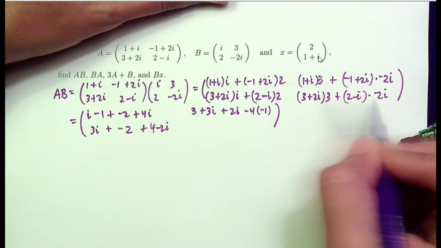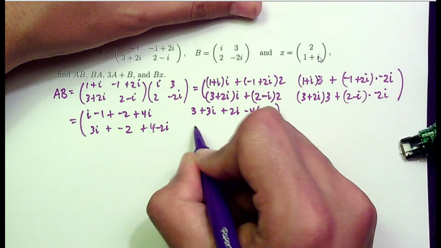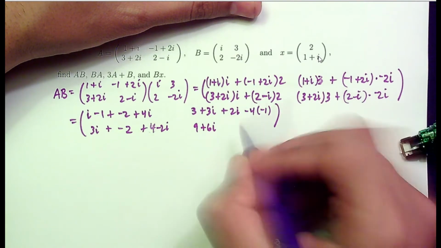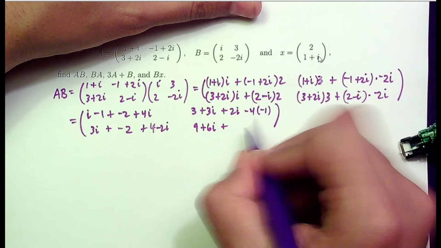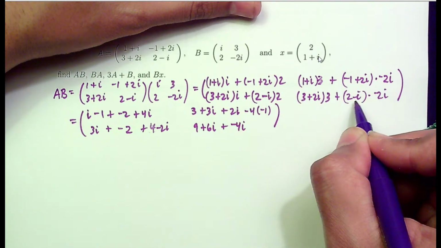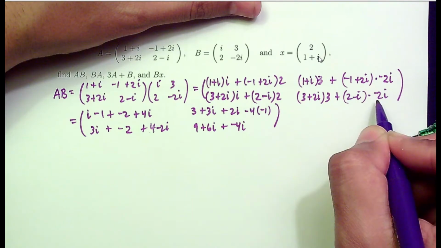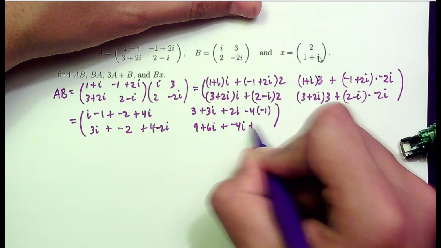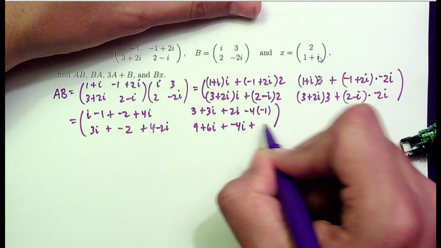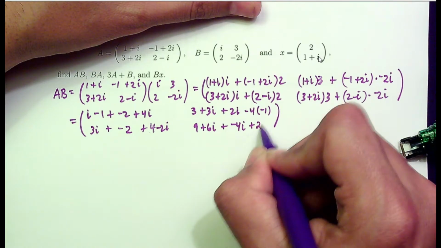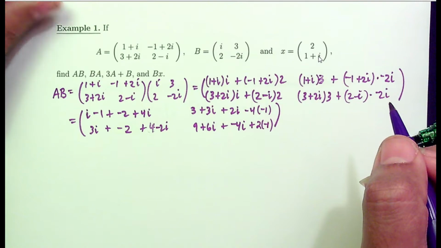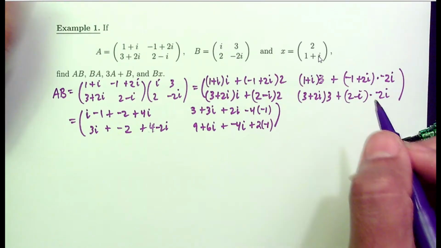And then for here, this would be 3 times 3 is 9 plus 6i, and then plus negative 4i. And then negative times negative is positive, so it would be positive 2i squared. 2i squared is 2 times i squared, which is negative 1.